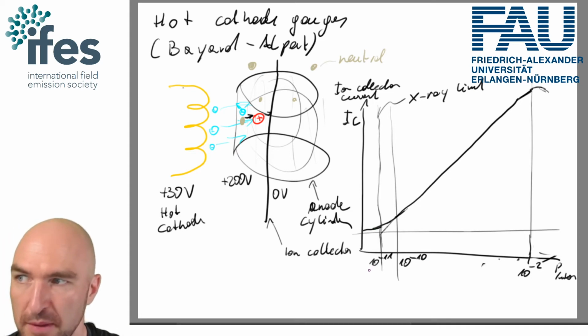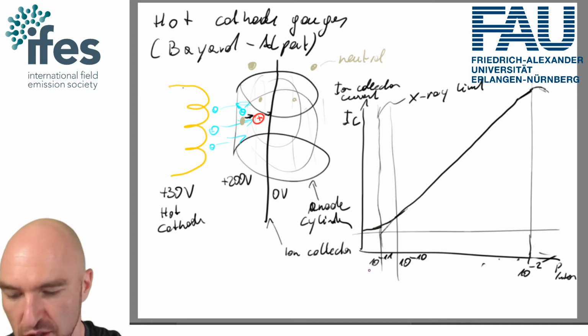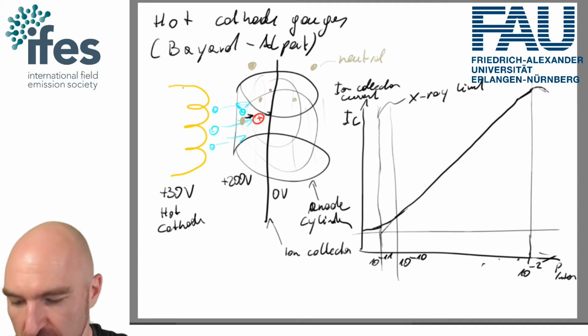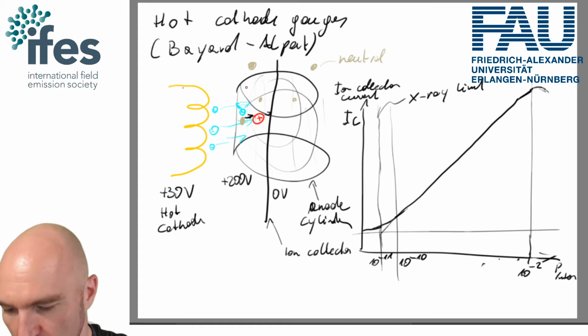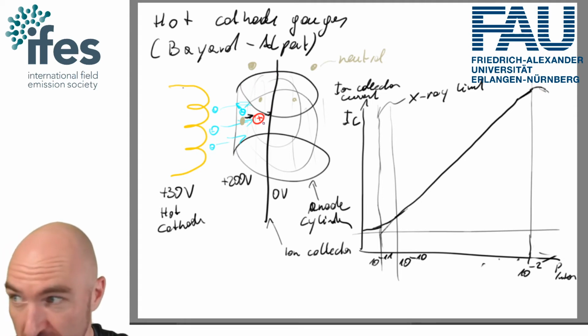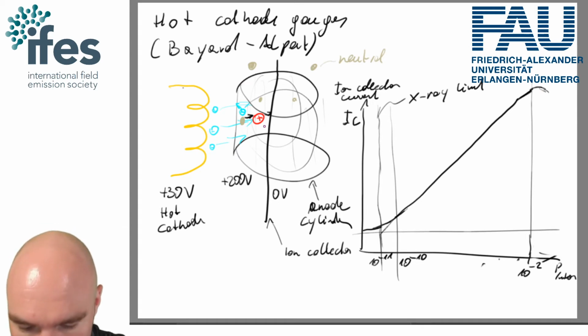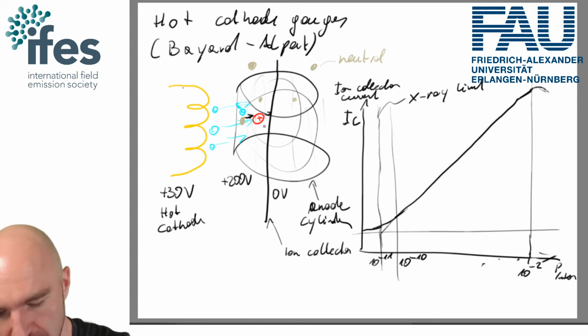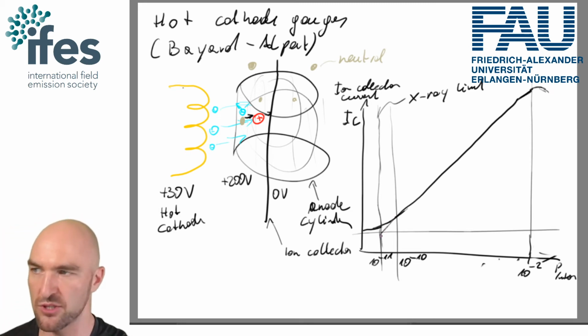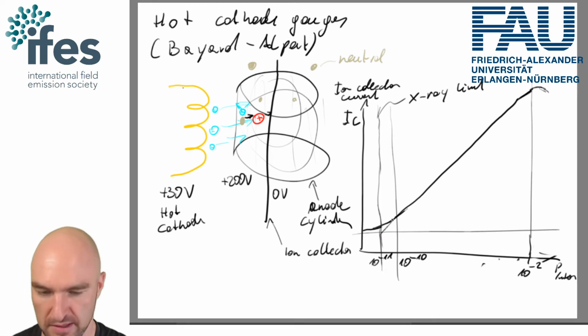X-ray limit just simply means that the amount of current that you produce just by X-rays hitting your gauge and knocking electrons out of your ion collector is going to be larger than any signal you measure. So you're essentially at a loss in terms of measurement. But you can go down to 10 to the minus 11 pretty solidly. So most hot cathode gauges allow you to go down to those pressures, 10 to the minus 10 pretty well.